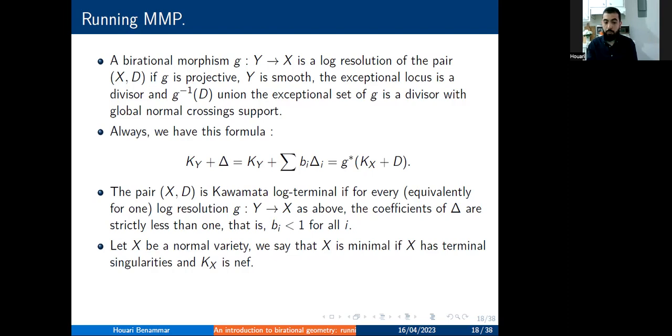Okay, so this is the definition of Kawamata log terminal. These singularities appear when we contract extremal rays, and this is the reason that we define this type of singularities.